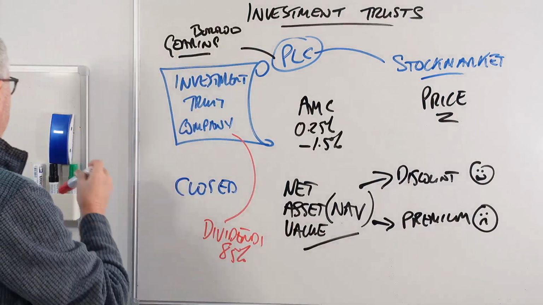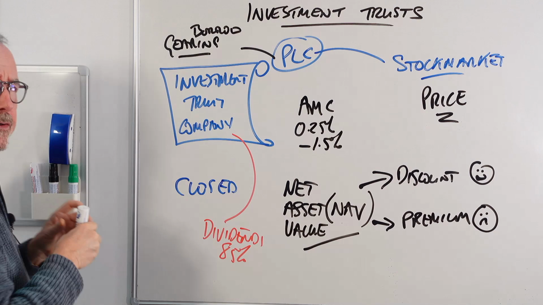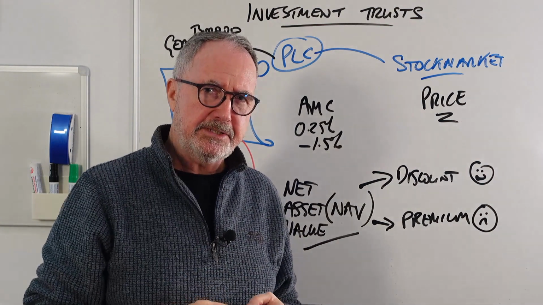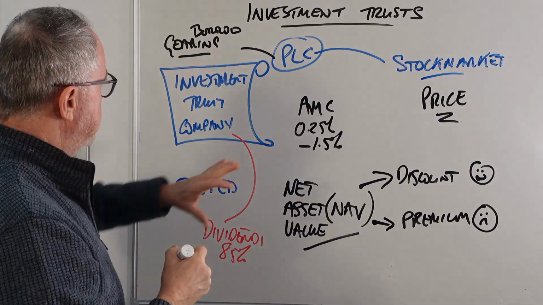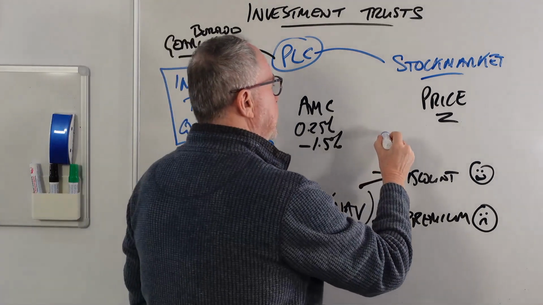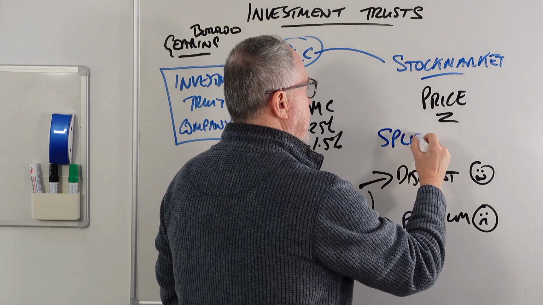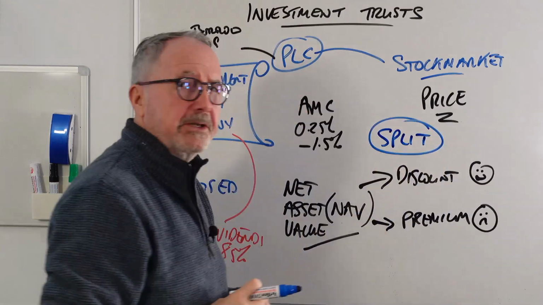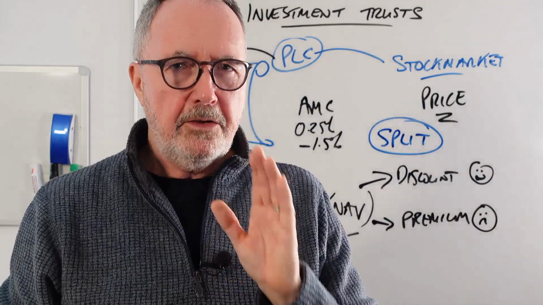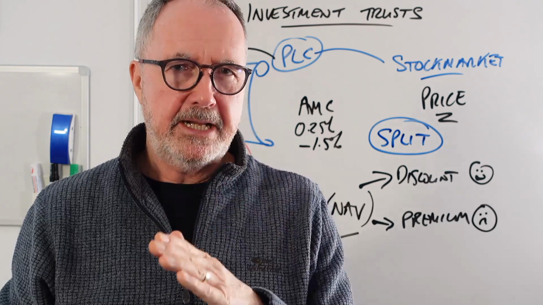Final thought for you, we'll pop this one in blue over here, is you can have what they call split capital investments. Now, if we have splits, we're running out of room on this whiteboard, aren't we? But if you have a split investment trust, it means that you can decide whether you want lots of income or lots of capital gain.